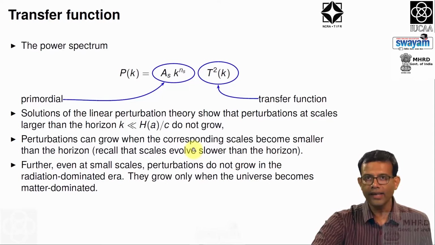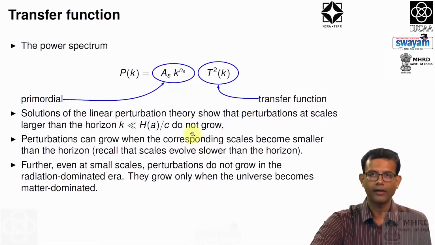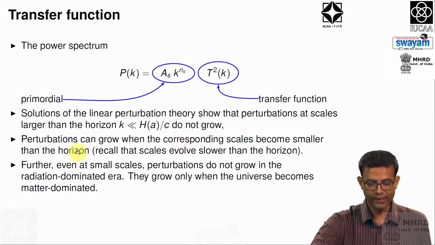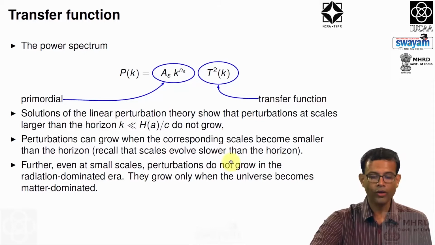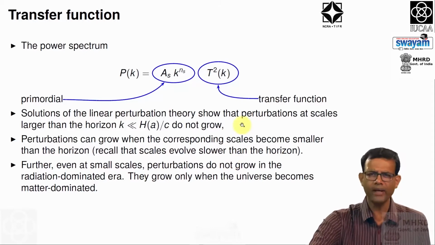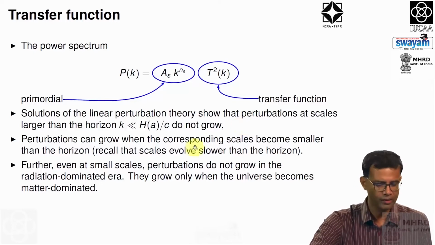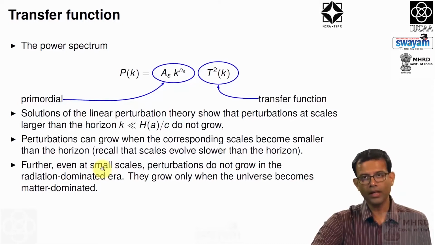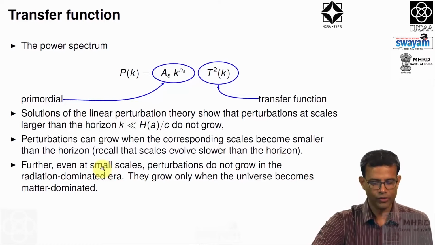If they enter the horizon, if they become smaller than the horizon, in principle they can grow, but now there is an extra complication here. Even at these small scales, perturbations will not grow if you are in the radiation dominated era. They grow, but they grow very little, almost logarithmically. So, in the radiation dominated era, no matter at which scales you are, it is very difficult for the perturbations to grow.